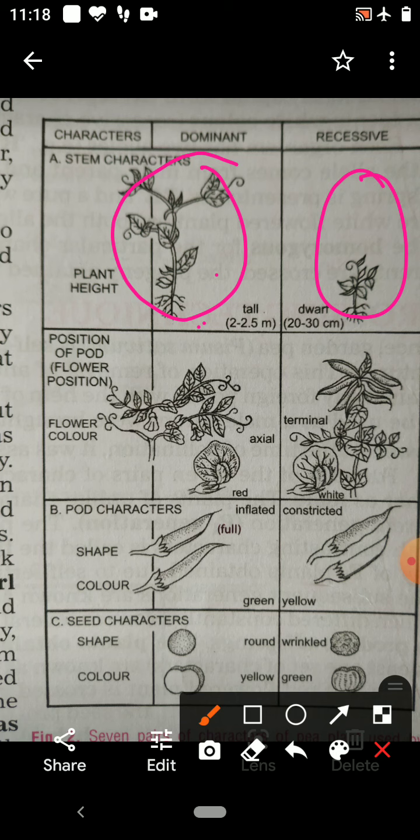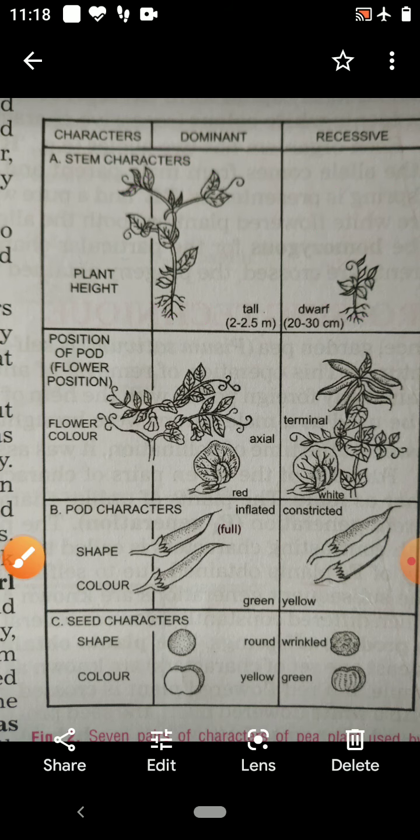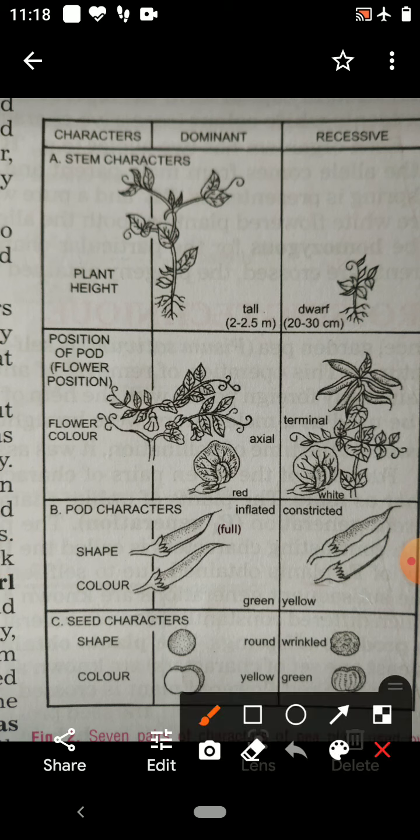Children, you have to study how Gregor John Mendel conducted breeding experiment. Mendel's breeding experiment was conducted in 3 steps. In that, first step is selection of pure line of parent plants. For that, Mendel allowed self-pollination in pea plant for several generations.